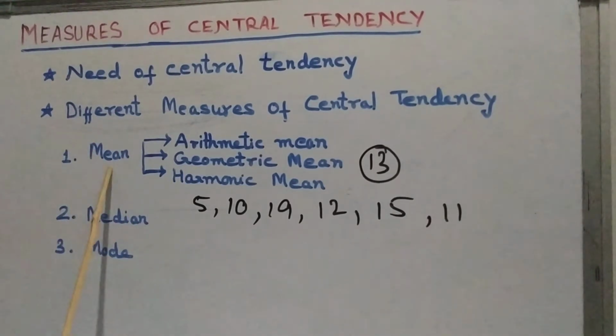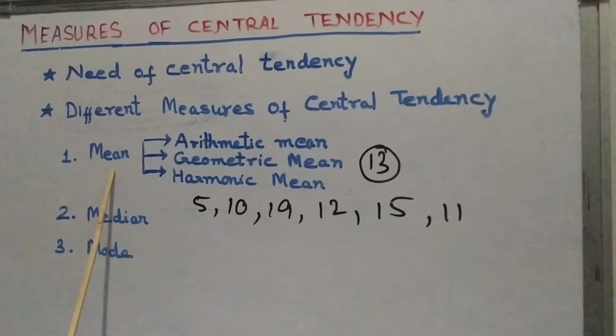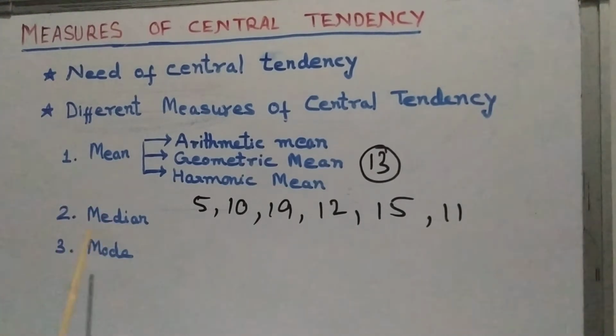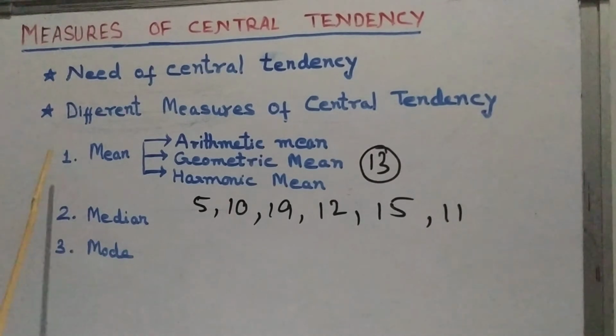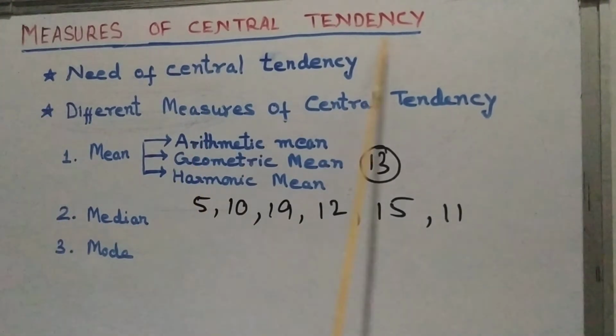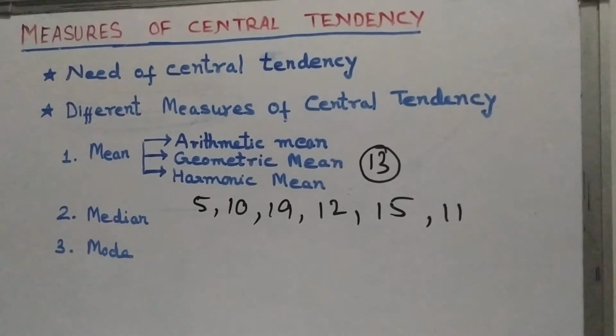So one way of finding the central tendency is mean, the other one is median, and the third one is mode. So we have three different measures of central tendency, or we can say there are three different formulas to find the central tendency of a particular set of data.